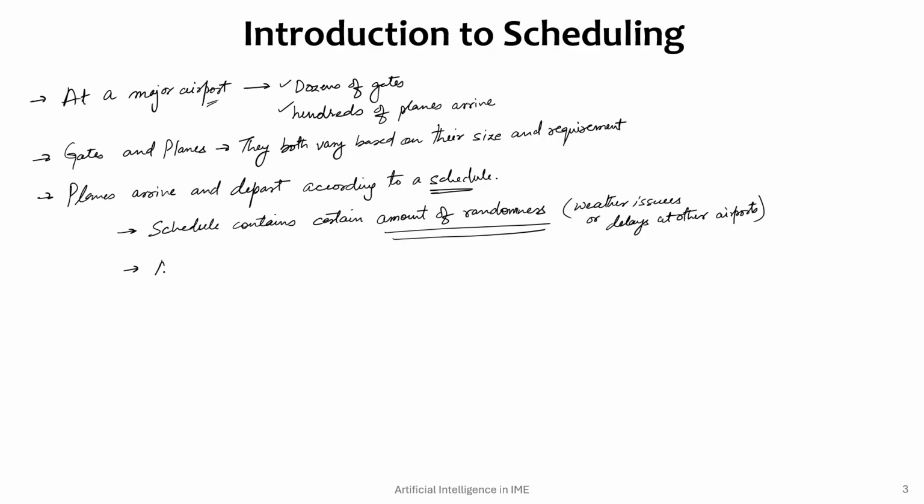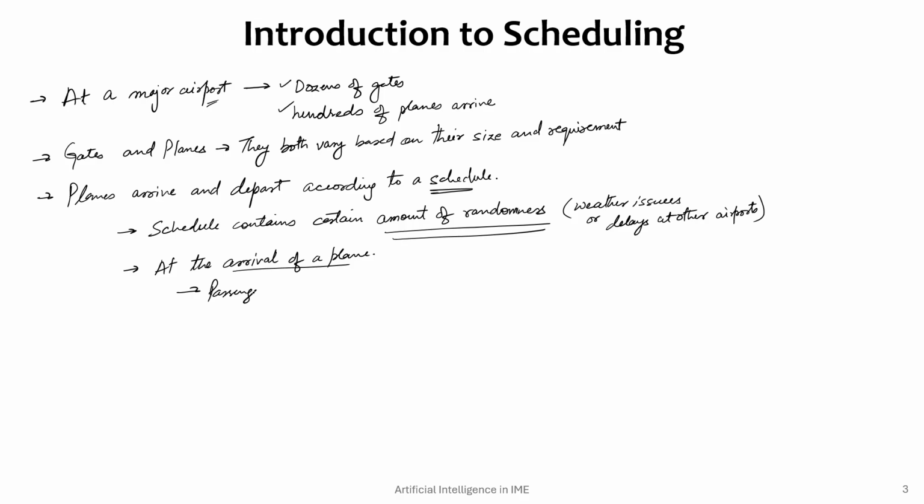At the arrival of a plane, we have three things to do. So these are the different tasks that the airport authorities need to complete when a plane arrives, right?